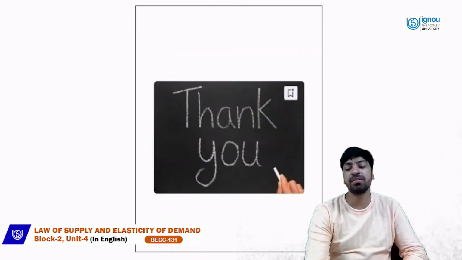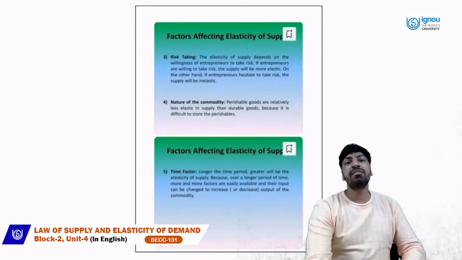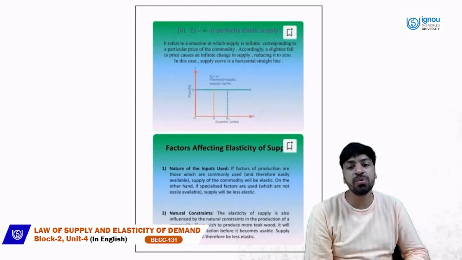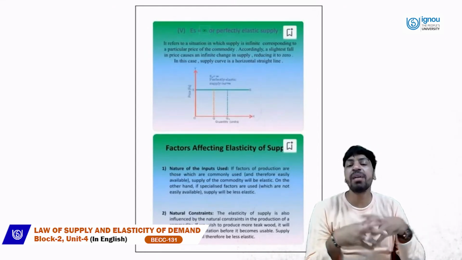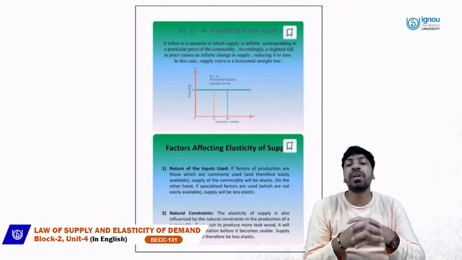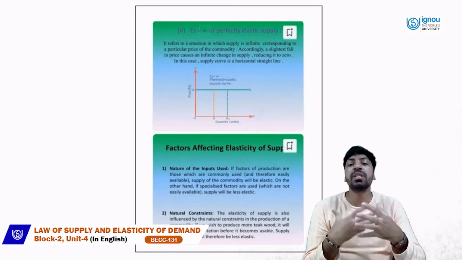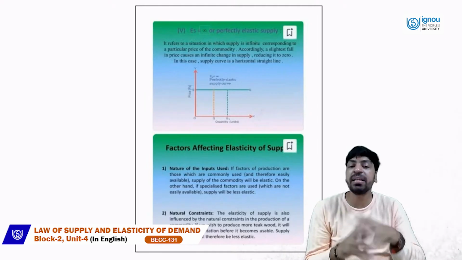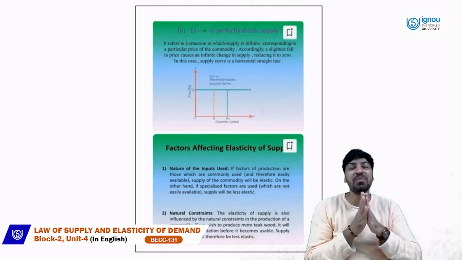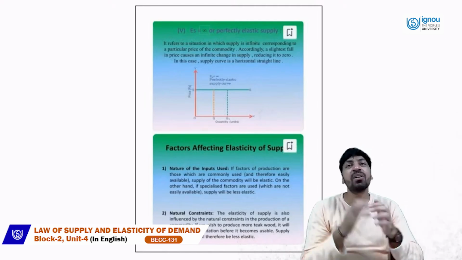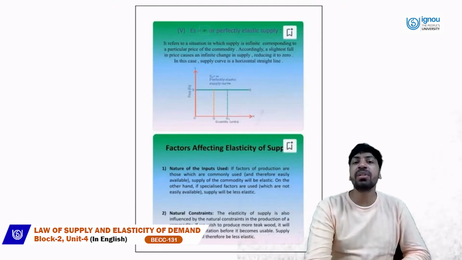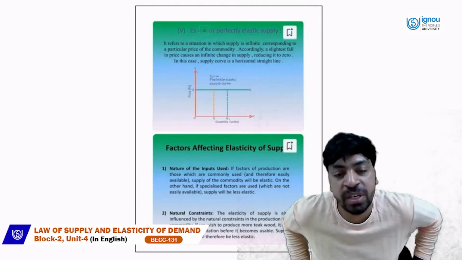The nature of inputs used depends on what type of products and factors of production are used, and accordingly supply can be measured as elastic or inelastic. With natural calamities, the cost of production gets changed by natural factors. So that's it for today.